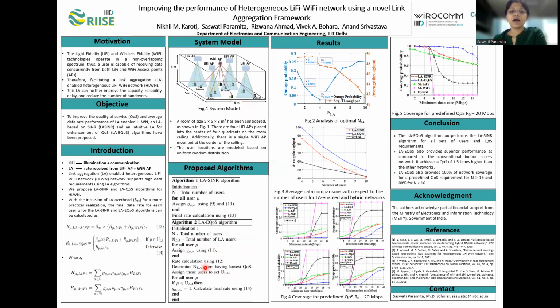For that, we first analyze the algorithm by finding the NLA value. We apply the algorithm in such a way that only those NLA users are allocated connections from both APs, LiFi and Wi-Fi. Other users will be connected to the LiFi. In that case, we observe that the performance of LA-EQoS is better as compared to LA-SINR.